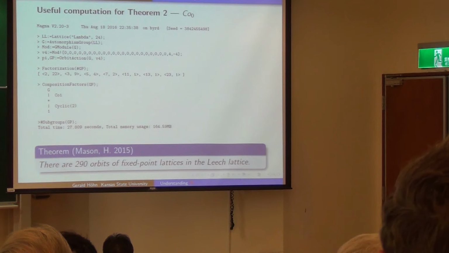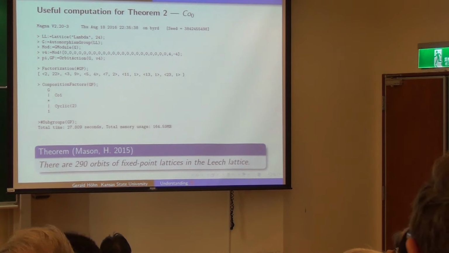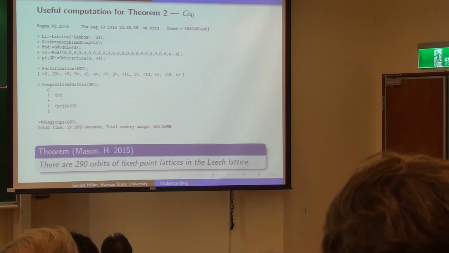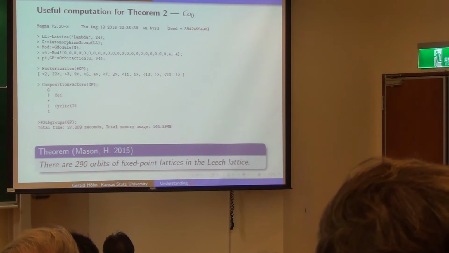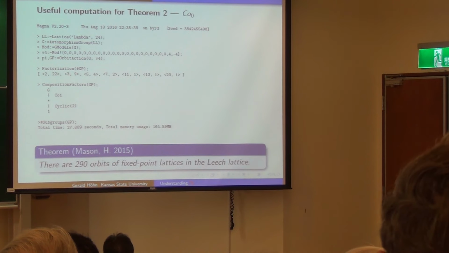Nevertheless, together with Jeff, we were able to solve a somewhat easier problem, and this was to classify all the fixed point lattices in the Leech lattice. For this it was enough not to look at all subgroups of the Conway group, but only at those which are not 2-groups, and these we could classify. So the 2-group value seems to be between 10 to 100 million up to conjugacy.